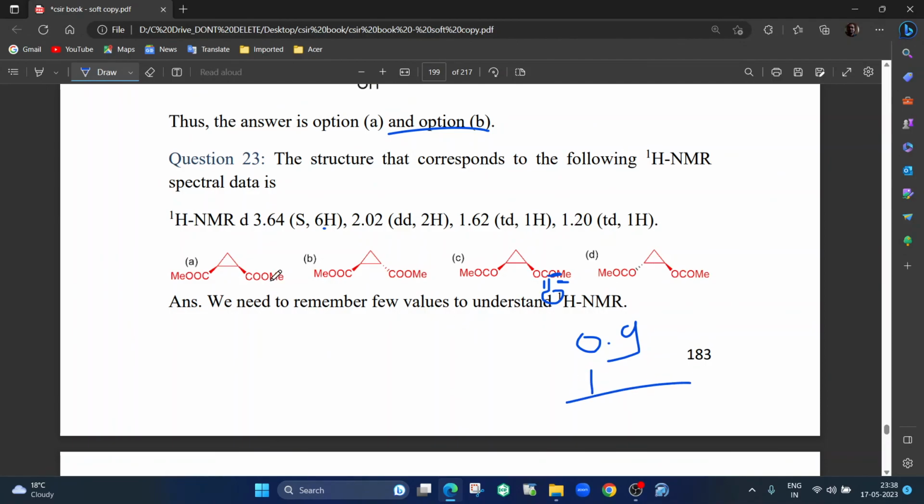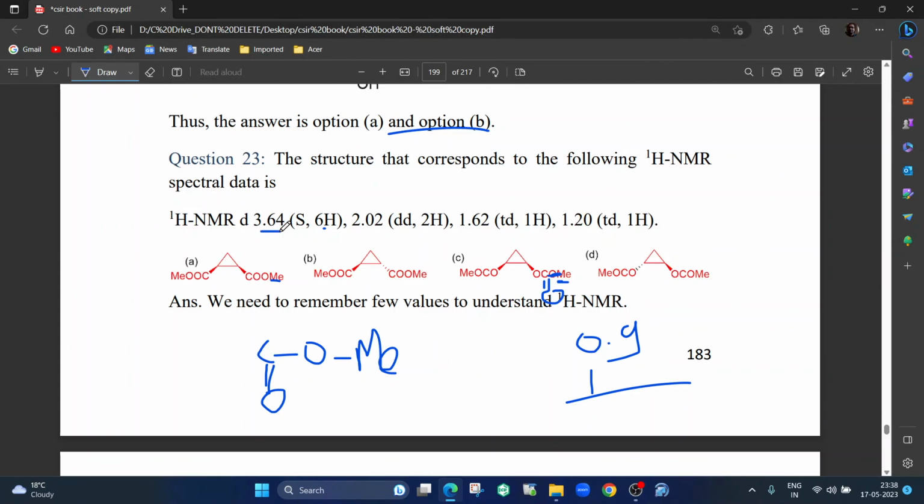Whereas here, Me 0.9 is attached to the oxygen of ester. We saw earlier that when it is attached to the oxygen of ester or to a nitro group, you have to add 3. So 0.9 plus 3 is 3.9. So it is very close to your 3.64.